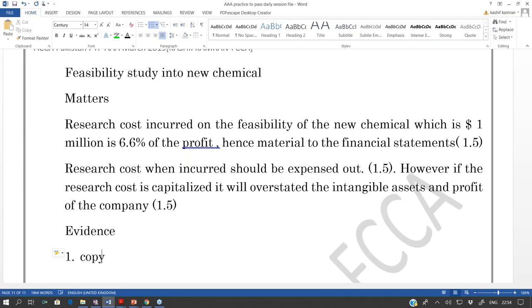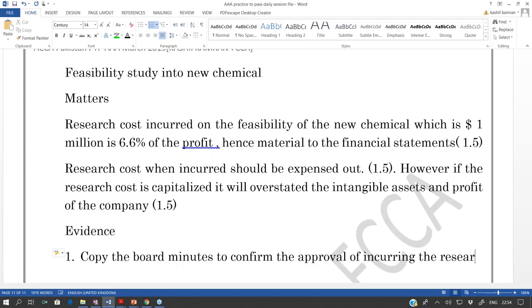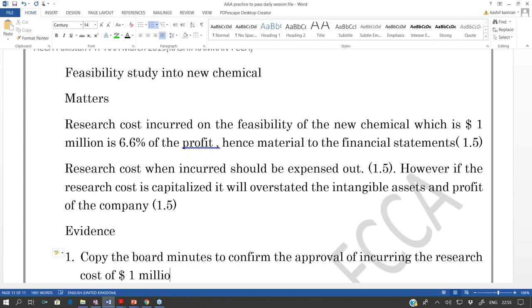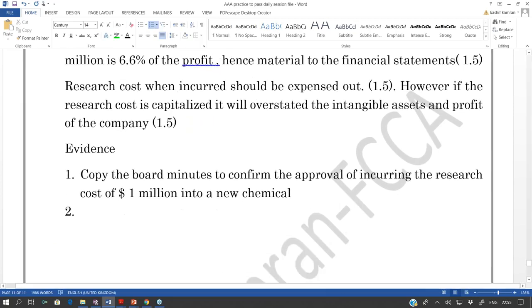Copy of the board minutes to confirm the approval of incurring the research cost of $1 million into a new chemical, right?